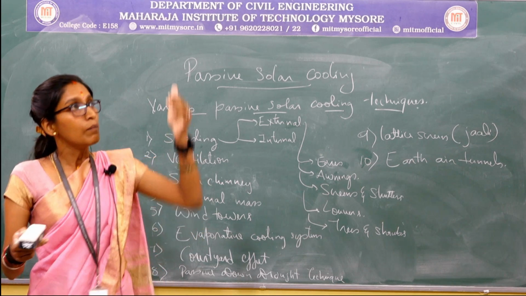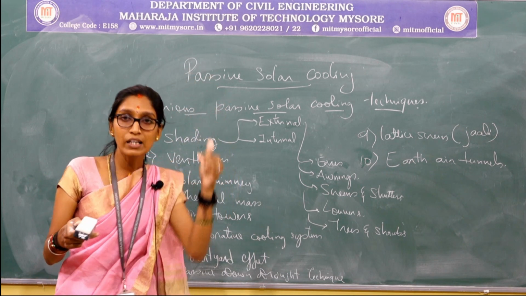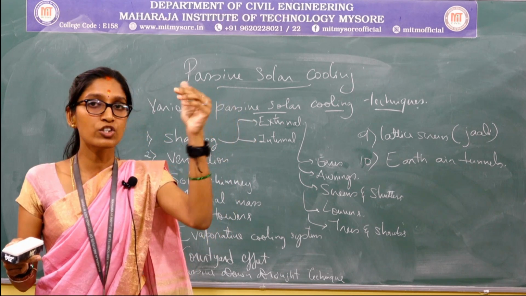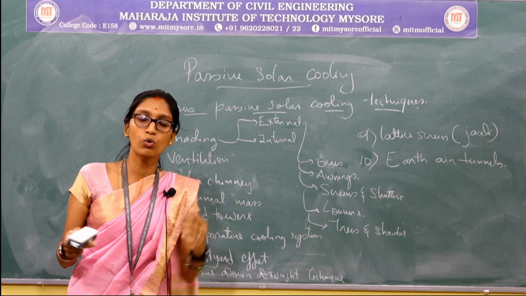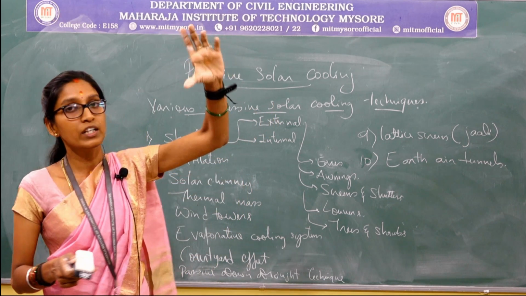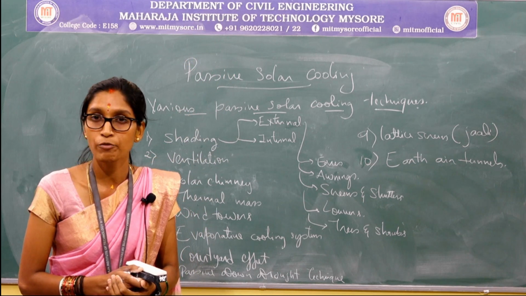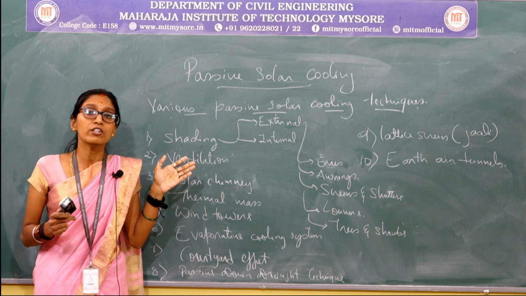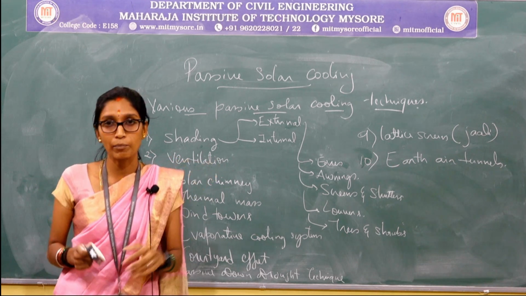By placing the vents at different elevations or in a different orientation from where the wind is going to blow, or depending upon the dimensions of the vents provided in a particular building, this exchange of air is going to happen.